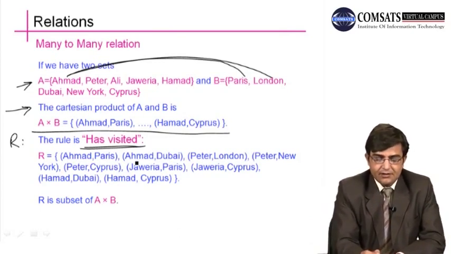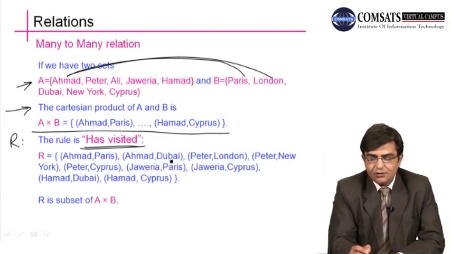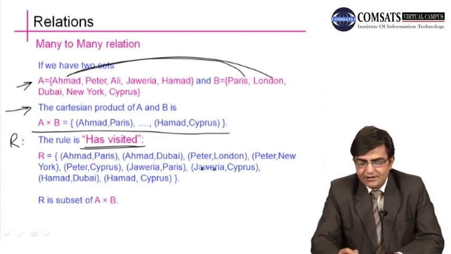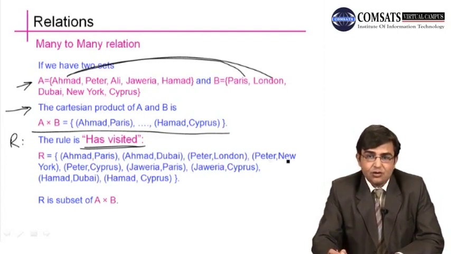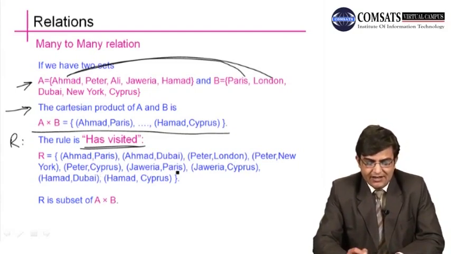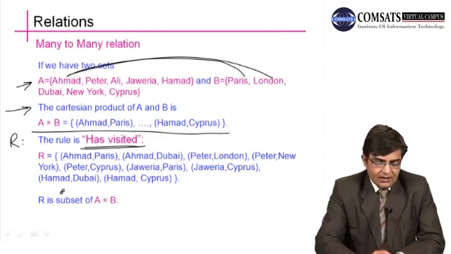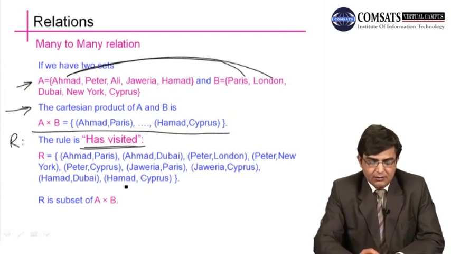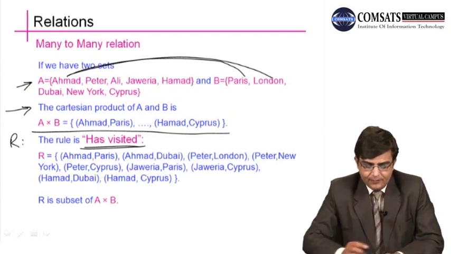Ahmed has visited Dubai also, so we write the ordered pair Ahmed, Dubai here. Peter has visited London. Peter has visited New York. Peter has visited Cyprus, and Javeria has visited Paris. Also, Javeria has visited Cyprus. Hamad has visited Dubai. Hamad has visited Cyprus.